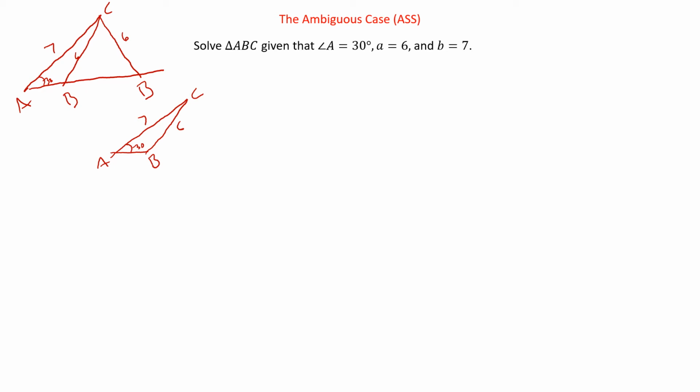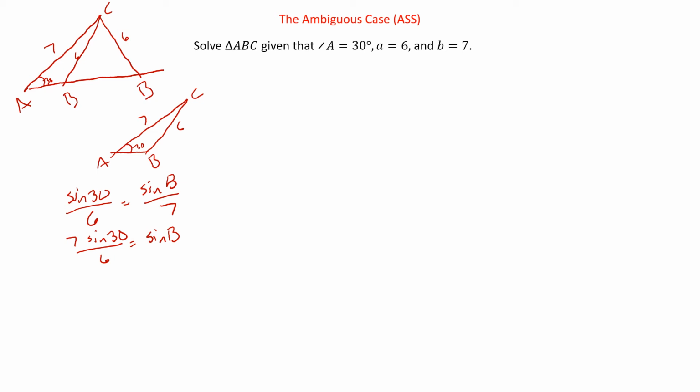So first thing we need to do is find angle B. So sine of 30 over 6 equals sine of B over 7. We can multiply by 7. Sine of 30 is 1/2 times 7 is 7/2 divided by 6 is 7/12.